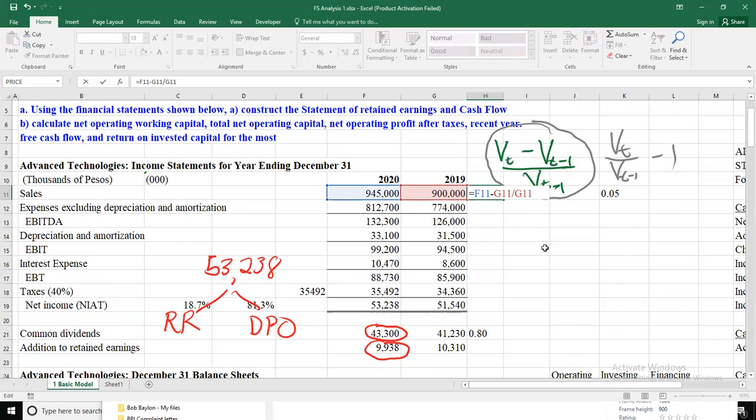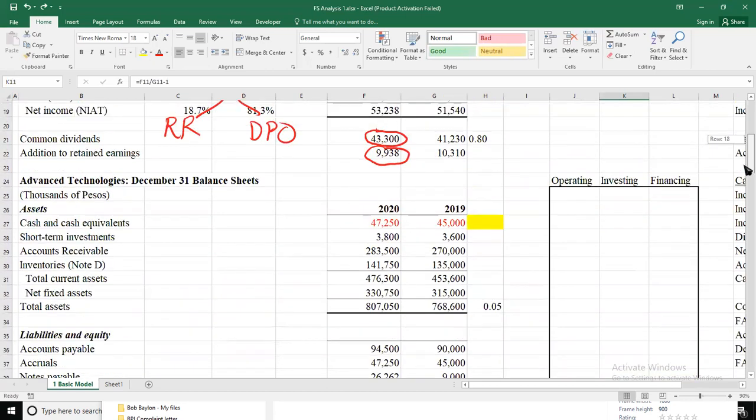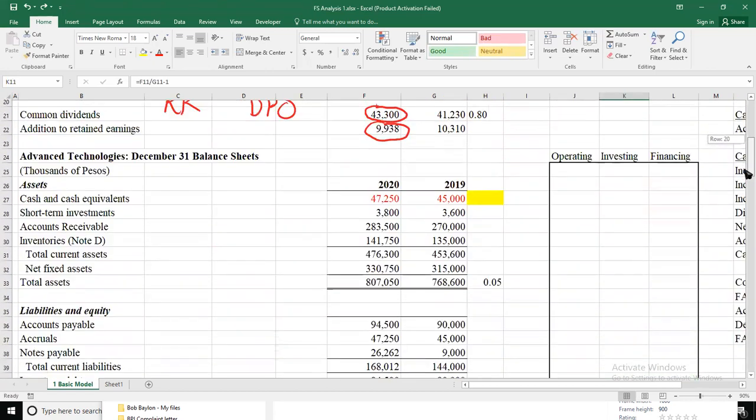That's why you have to put the parenthesis there. So that gives us the wrong answer. As compared to this, simple lang, wala nang parenthesis. That's why pag growth rate, guys, this is the formula that I use kasi mas madali talaga siya. Okay. So where was I?